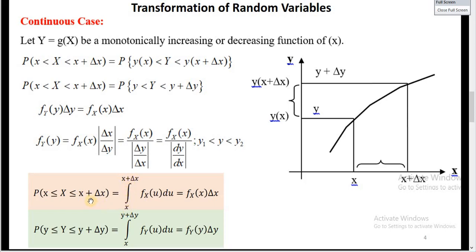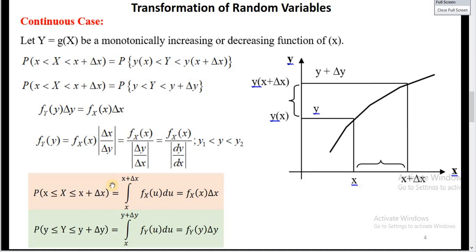So we can substitute the limits a and b. So this is fx of u du. In general, the probability that x falls between a and b is the area under the probability density function from a to b of f of x dx or fx of u du.